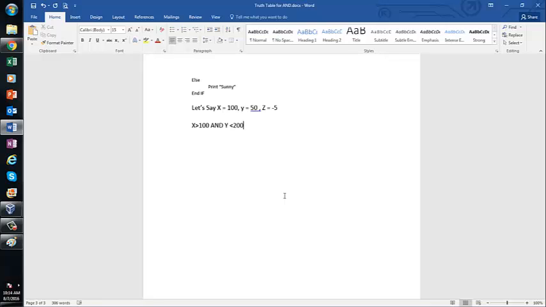So we said that x equal to 100, y equal to 50, right? We didn't learn equal yet. x is 100, which is not greater than 100, so this is false. And what about this one? y is 50, so this is true.